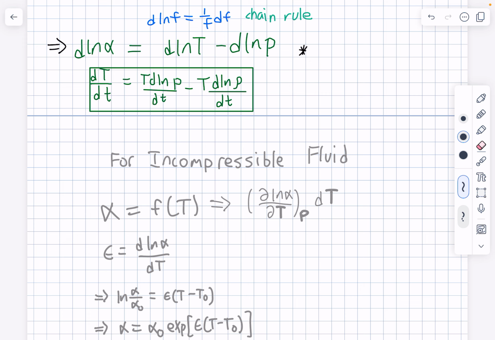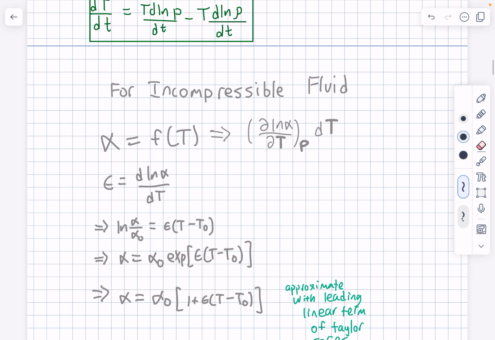And in the case of an incompressible fluid, we can make an assumption that the specific volume is only a function of temperature and not of pressure, because incompressibility is related to pressure. There's no dependence on that, except in maybe extreme situations.